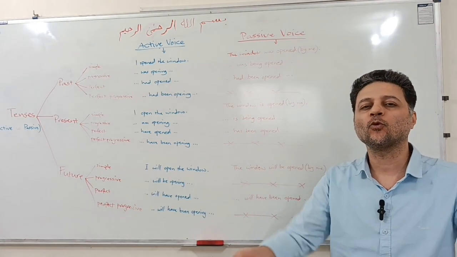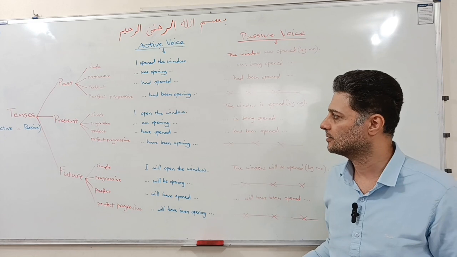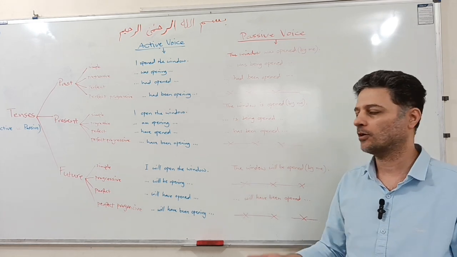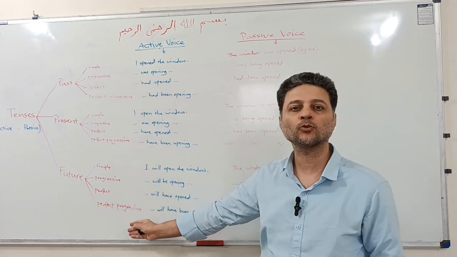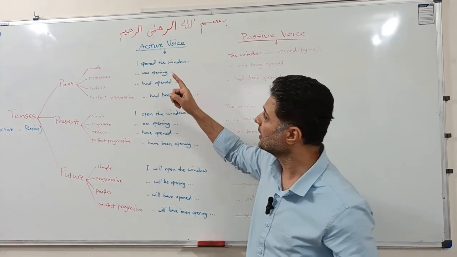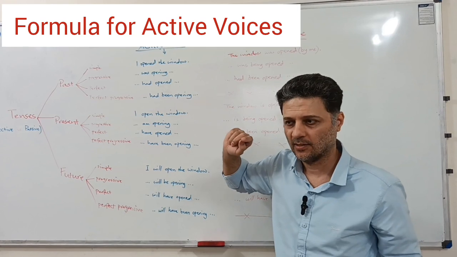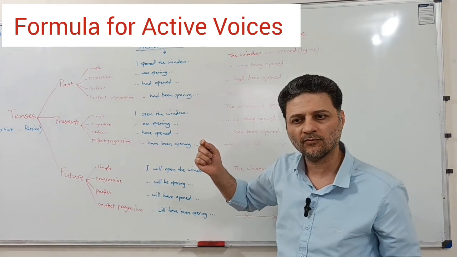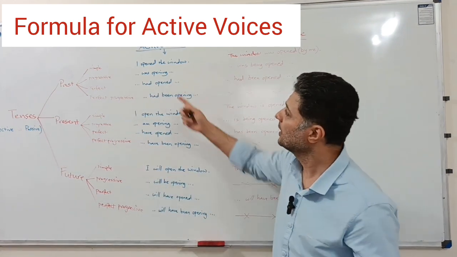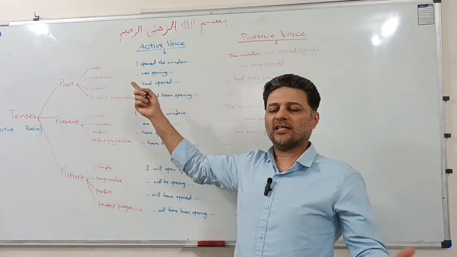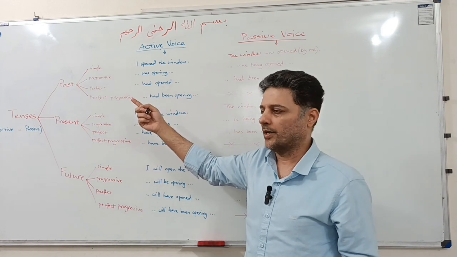This is basically the normal structure we use for our verbs in English, and in English, we have these 12 tenses. In active voices, we use a special form of the tense or verb that usually is the basic form or the most common one.